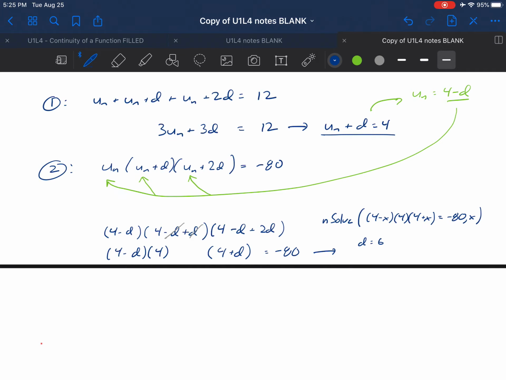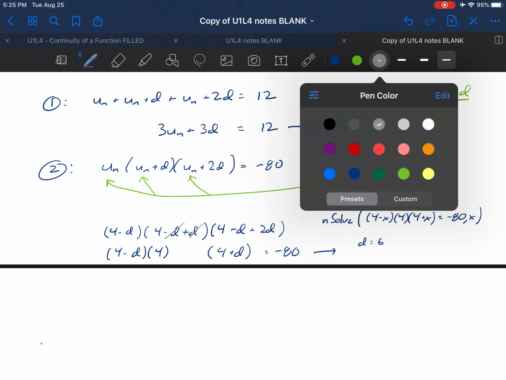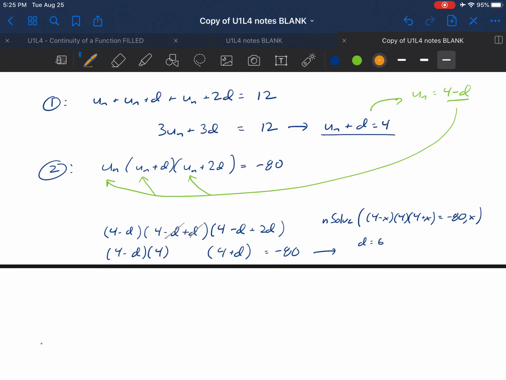All right. Then let's go with maybe a different color. Let's solve for u sub n. If I plug in there, 4 minus 6 is negative 2, which means that u sub n is negative 2.